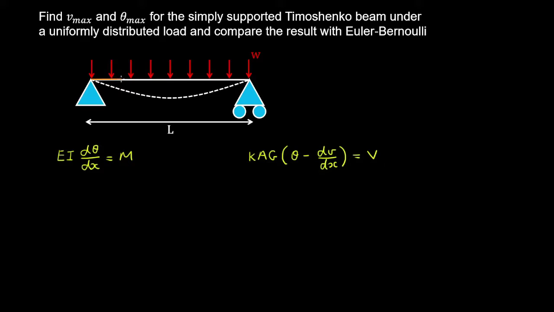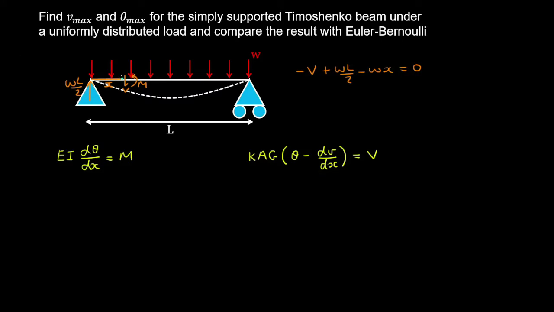Now if we cut this beam at some distance x from the support, so we expose the shear force and bending moment, well, by symmetry the reaction is WL on 2, and therefore taking a vertical sum of forces, we have minus the shear force acting down plus WL on 2 minus WX is 0.